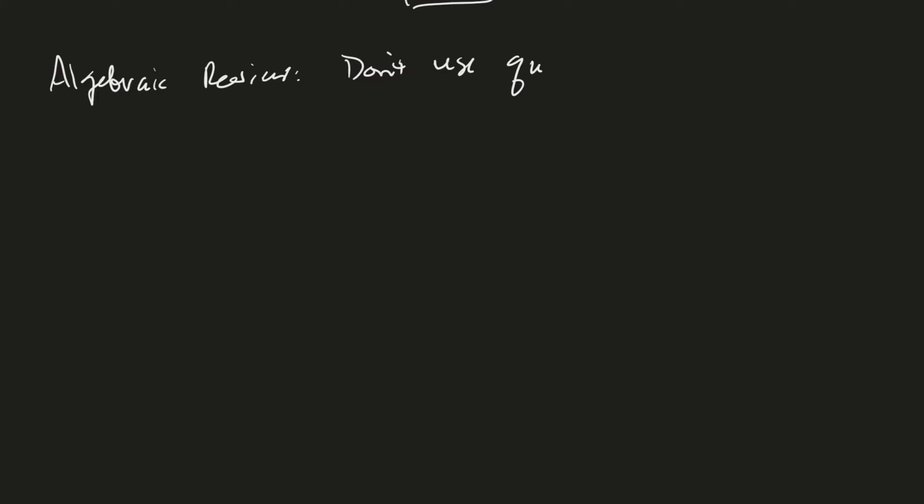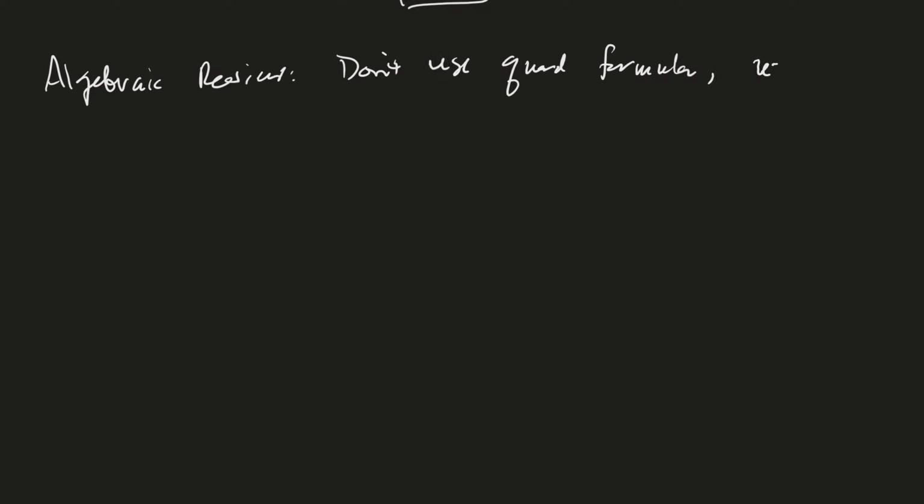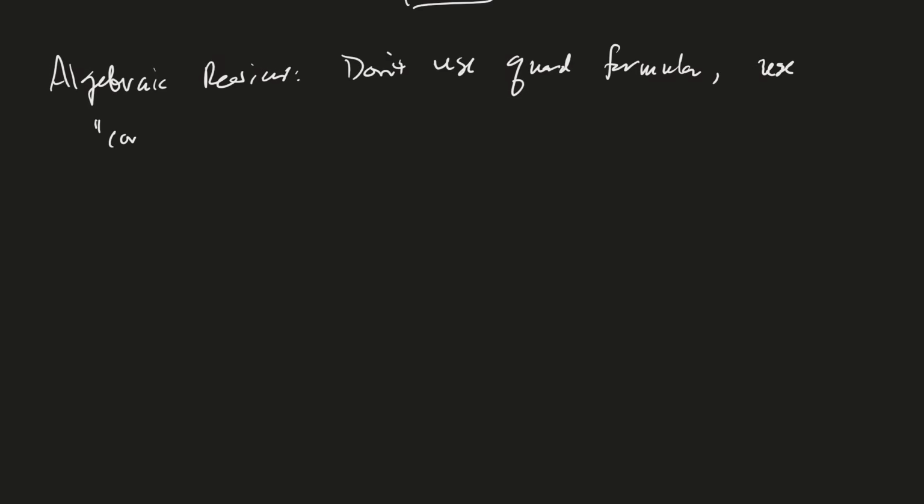Don't use the quadratic formula unless you have to. Unless you're running into some really nasty fractions and you want to convert everything to numerical values. Use complete the square because it will typically be easier to use. Okay, let's see what I mean by that.